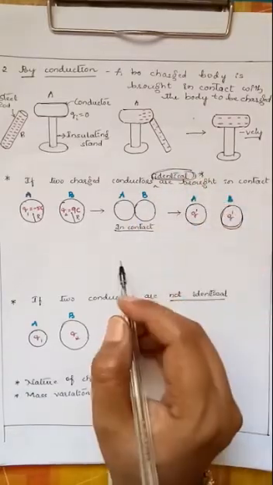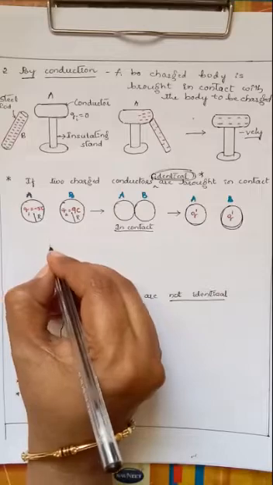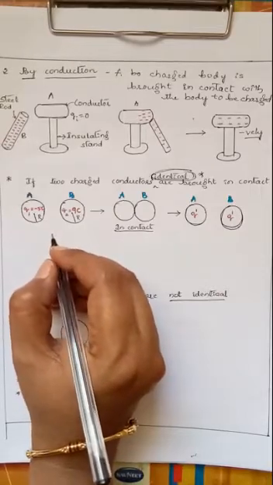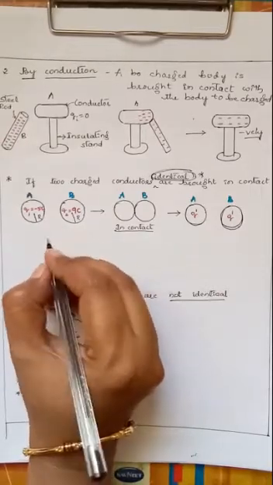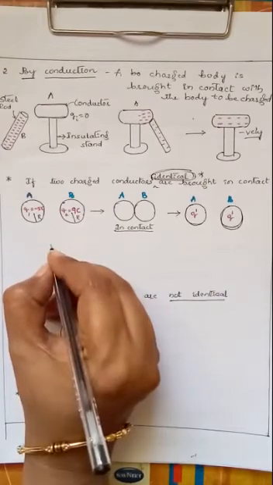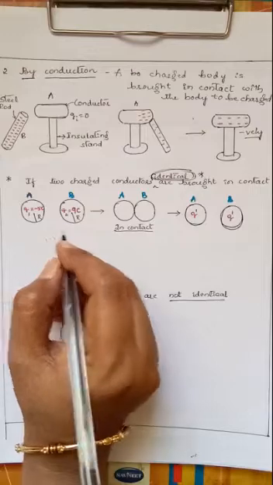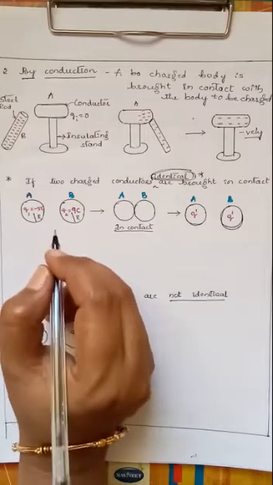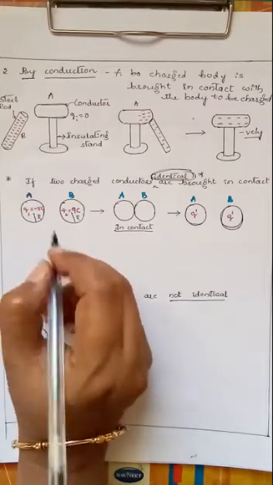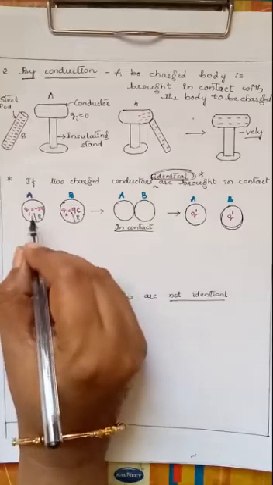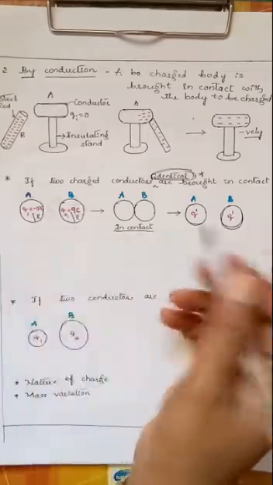Then how will you find this Q dash? Very simple. Hope you remember I told you the additive nature of charge property. It says we can add the charges algebraically, but taking the nature of charge into consideration. The net charge is Q1 plus Q2, which should be divided equally.